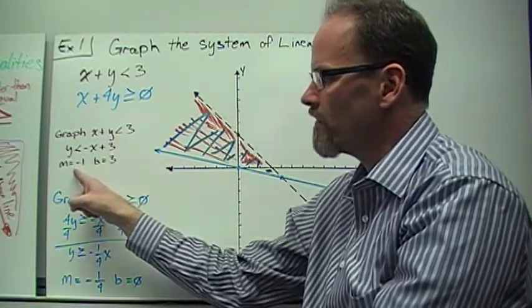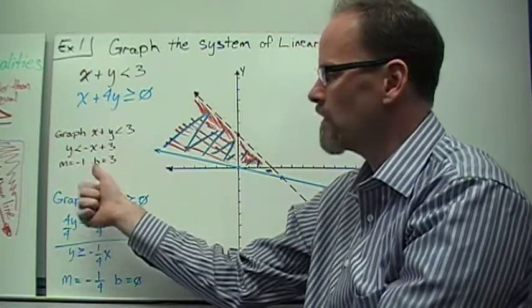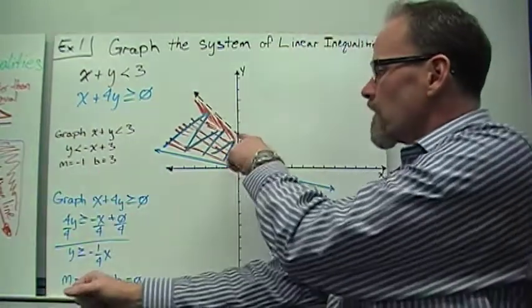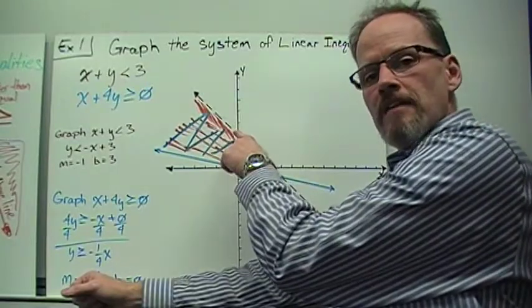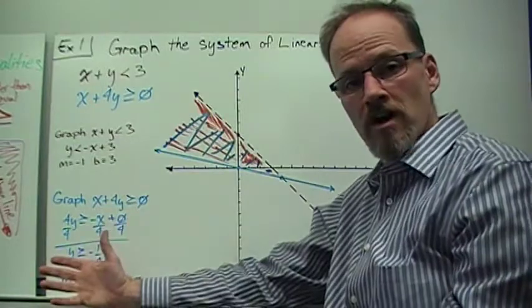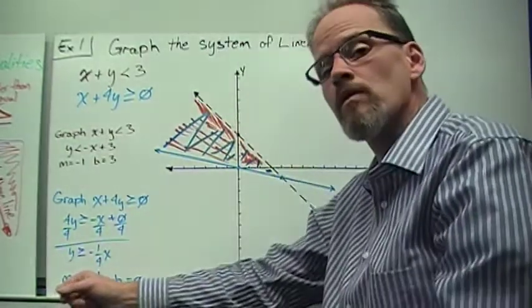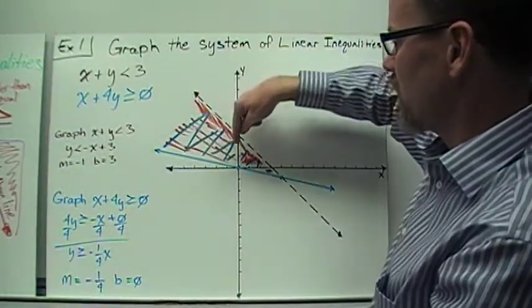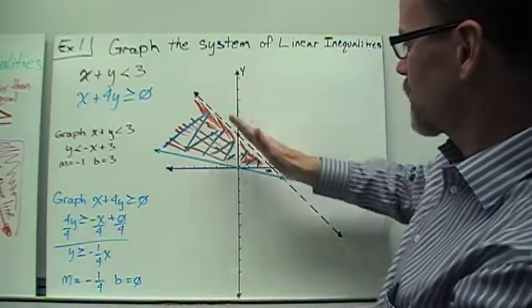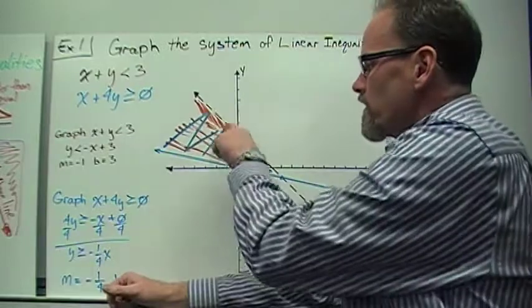When I do that, I find that the slope is -1 and the y-intercept is 3. I can plot the 3 here. A slope of -1 gives me instructions: down 1, over 1. So I start here, down 1 over 1, down 1 over 1, and that's how I get this slope here with a dotted line.